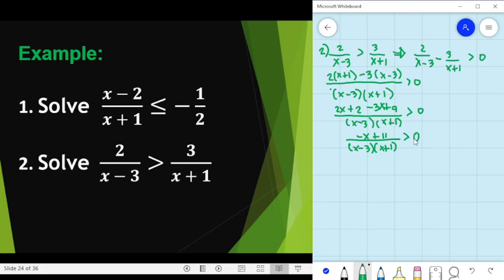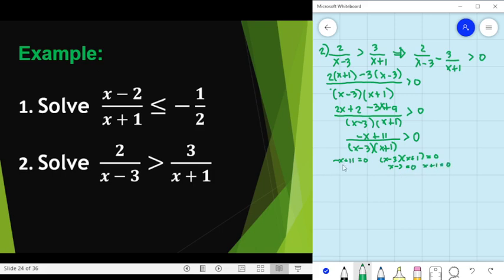Okay, so from here, we are going to equate negative x plus 11 equals 0 and quantity x minus 3, quantity x plus 1 equals 0. So, since a product of two binomials equals 0, we can split it: x minus 3 equals 0, then x plus 1 equals 0.